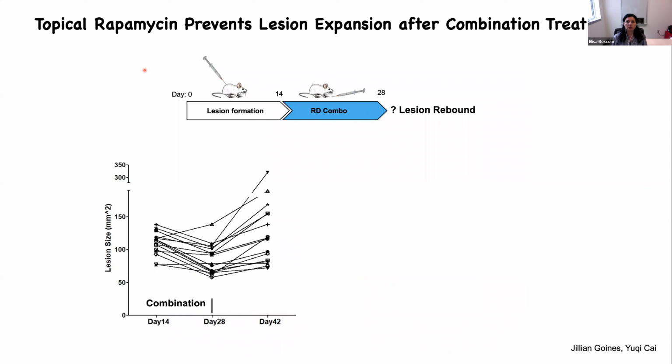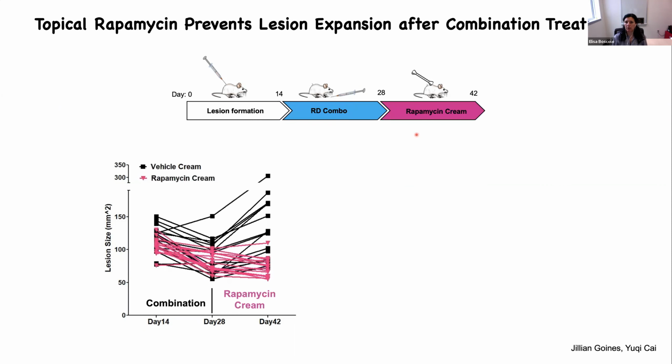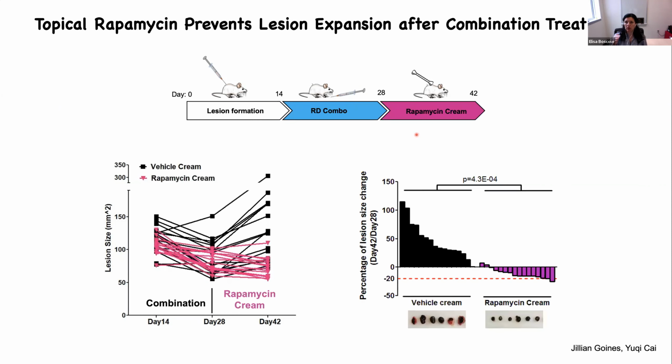We were interested in understanding what would happen when we actually take off the treatment. What you can see here is that at the moment when we stop at day 28, there is lesion rebound. So we hypothesized that by adding rapamycin cream to lesions that were already decreased in size, we could keep the lesions small.